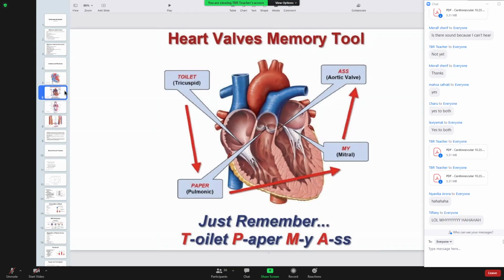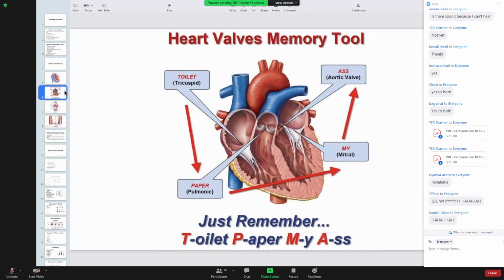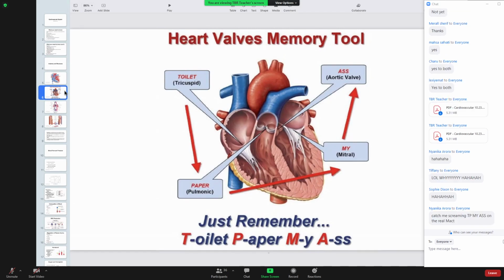Once you leave the right ventricle and go out to the lungs, you travel through the pulmonic valve. Then once you're back in the left atrium, you travel to the left ventricle through the mitral valve and then out through the aortic valve. So don't ever forget this: toilet paper, my ass. For some reason, this is the only mnemonic that ever really stuck for me.